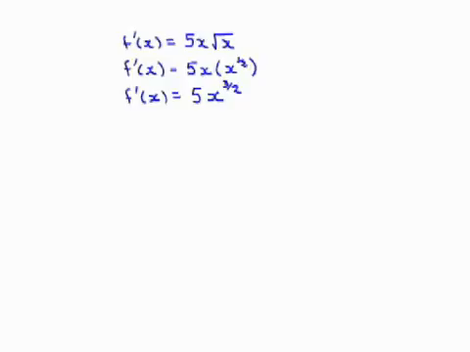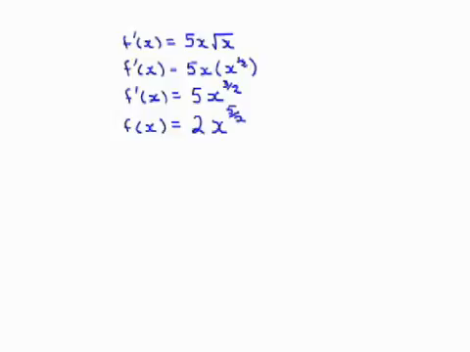So f of x is going to be equal to, well, my x is going to have an exponent of 5 divided by 2 because I took the 3 divided by 2 and I increased it by 1. And now I take that 5 divided by 2 and I divide it into my old coefficient, which was 5. 5 divided by 5 divided by 2 is the same as 5 multiplied by 2/5, which is going to give me 2.